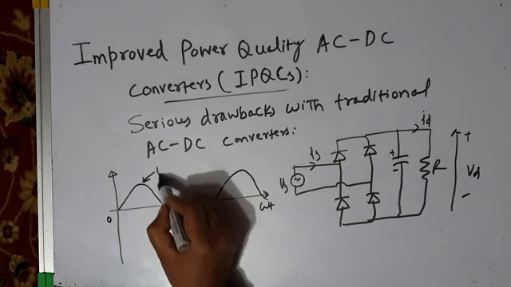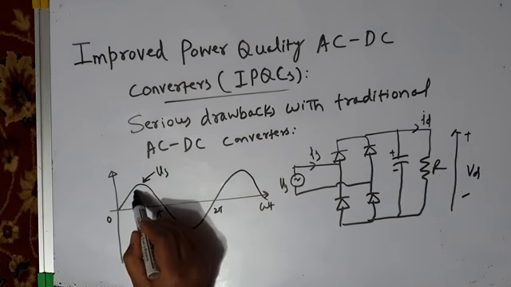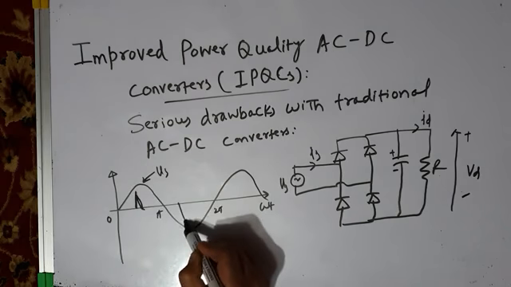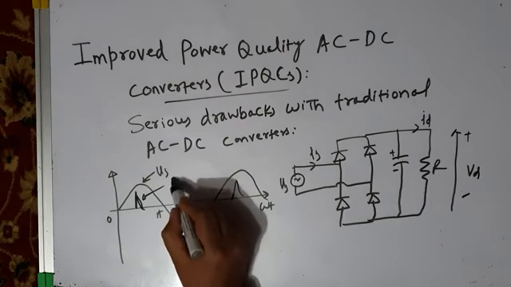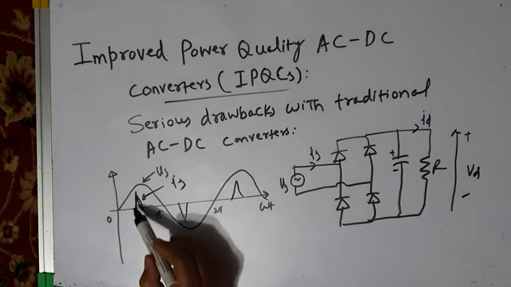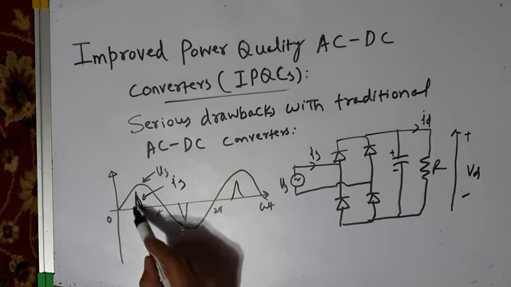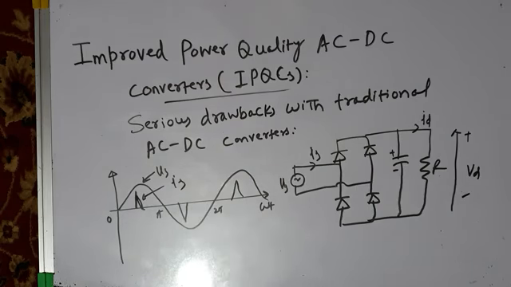If this is source voltage, the current drawn is like this, highly distorted current. This is the source current. It draws one current pulse in the positive half cycle, and similarly, one current pulse in the negative half cycle.